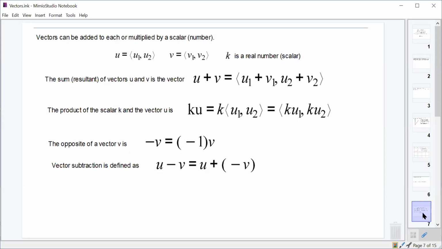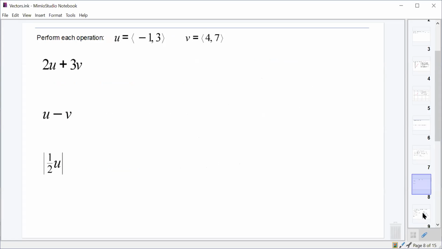We'll just do a couple little manipulations with vectors just to make sure we know how those work, and then we will move on and start doing actual stuff with vectors. So if I want to do 2u plus 3v, what do you think the first thing that we will need to do is?